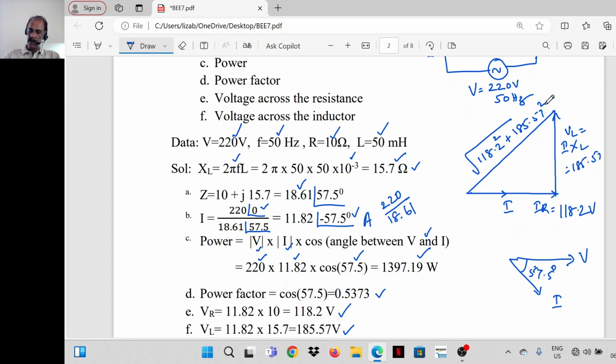You can solve it and counter check whether it is 220 volts.